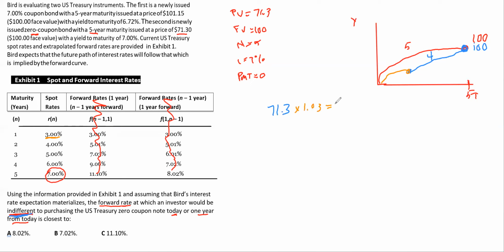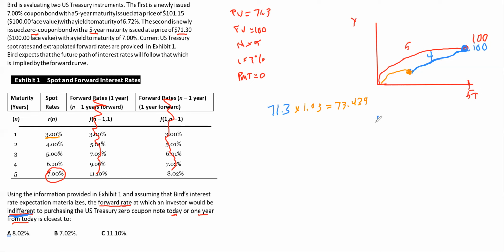Remember, I'm dumbing this down. That's going to get us to 73.439. And now I've got this $73.439. What rate am I going to invest that at over the next 4 years to end up at 100?